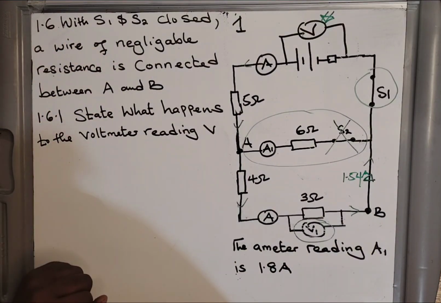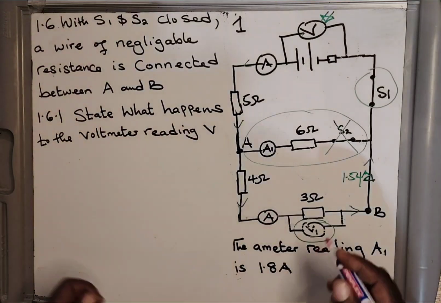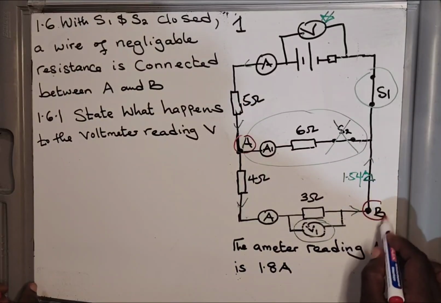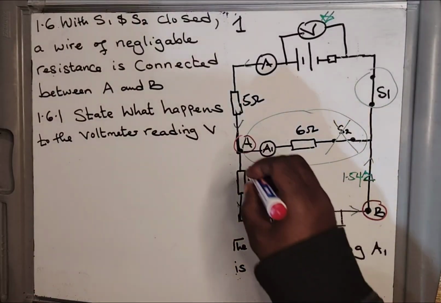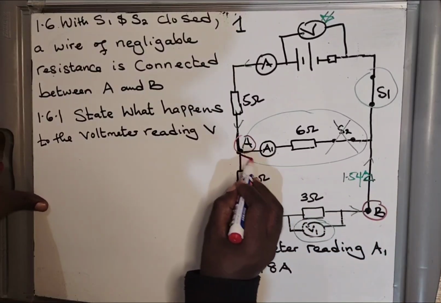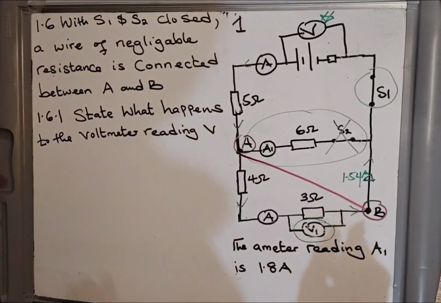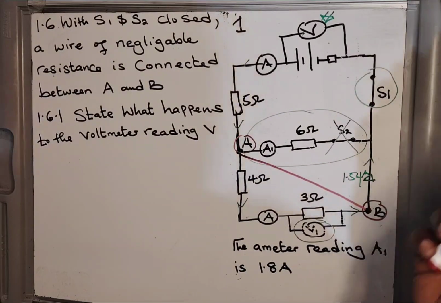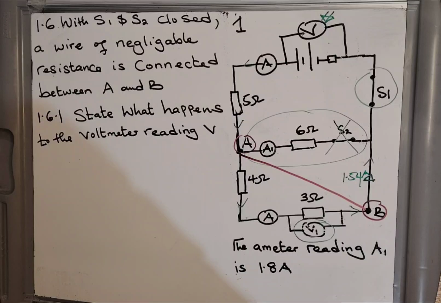this is the setup. And in this setup, they are telling us point A is this one and point B is this one. And they are saying they are connecting a wire of negligible resistance, which is almost zero, between A and B. And what happens in this case, good people?